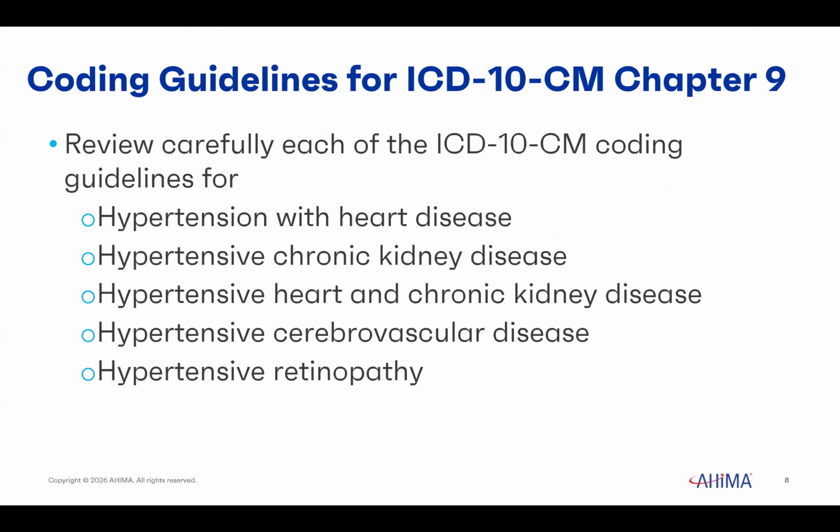Of course, there are very specific and explicit guidelines, so I'd caution you to read this section of guidelines with particular care, or you're going to be missing the right code and coding it incorrectly.